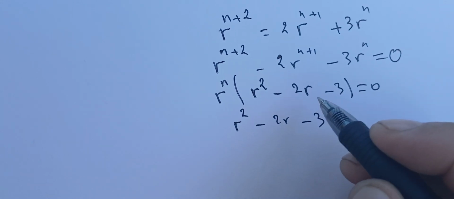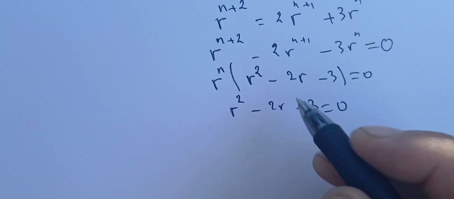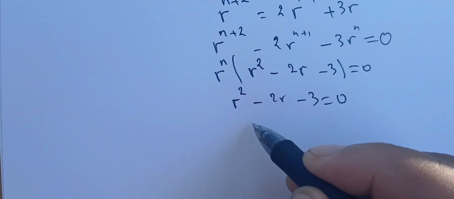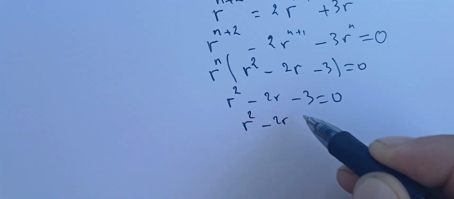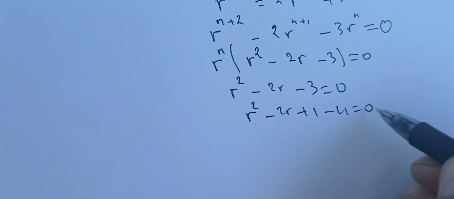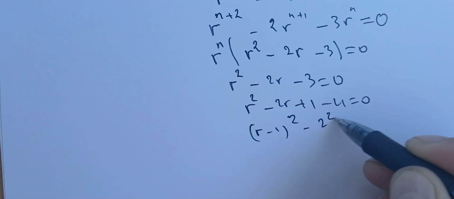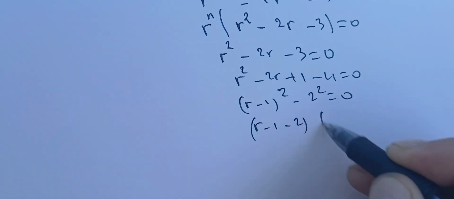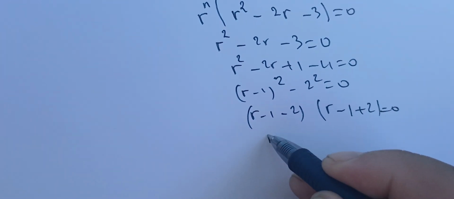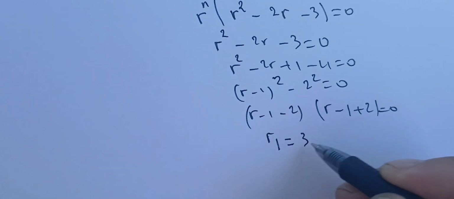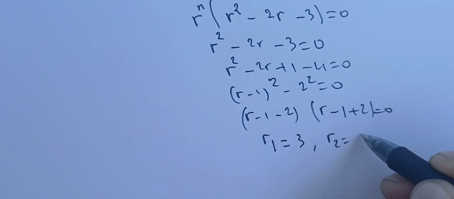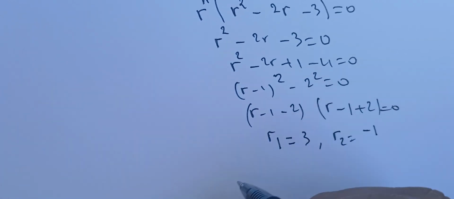We can solve this by completing the square, for instance, by adding 1 and subtracting 1, and therefore we have (r minus 1) squared minus 2 squared is 0. This gives us that the first solution is 3, and the second solution is minus 1.